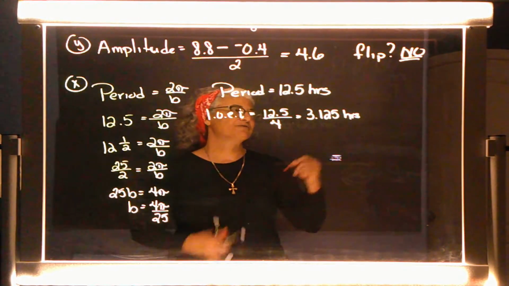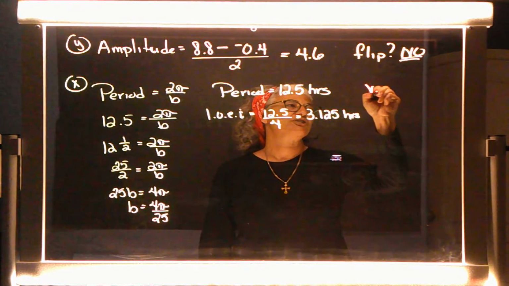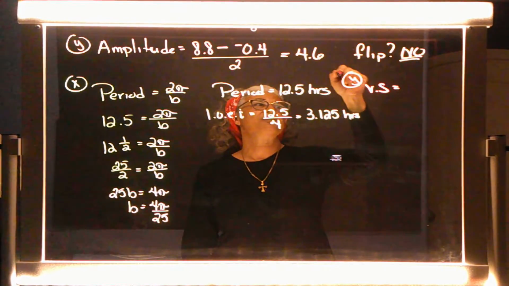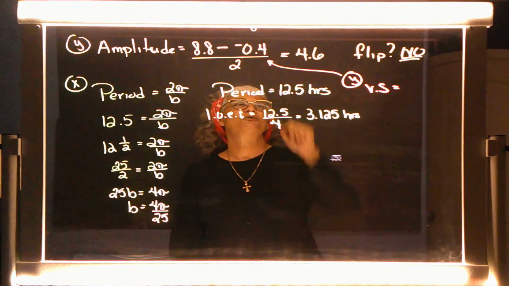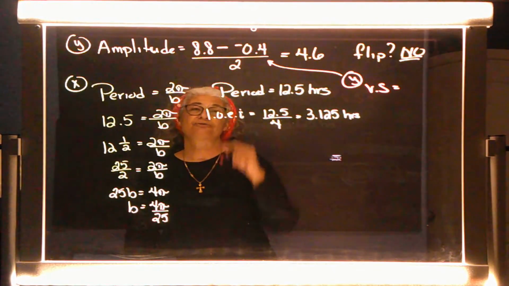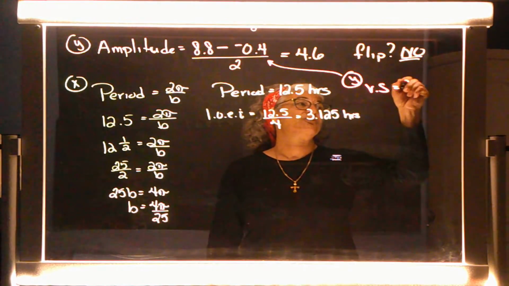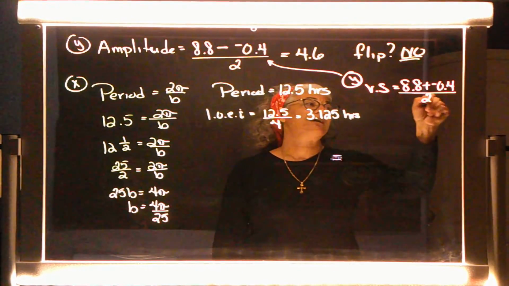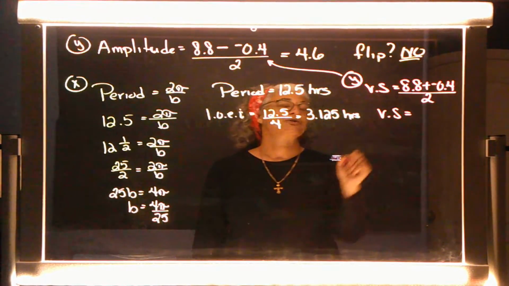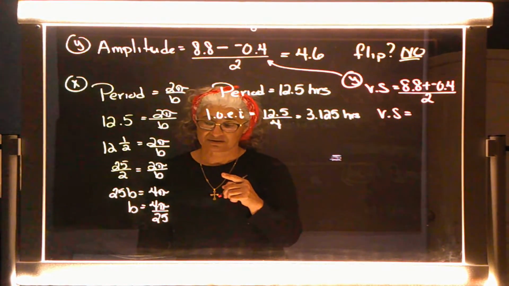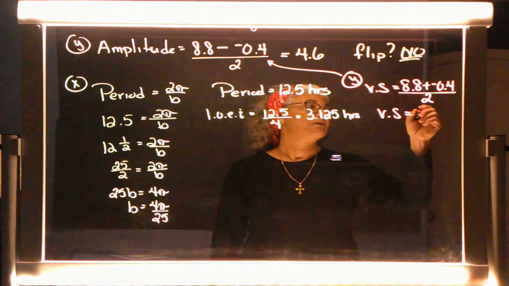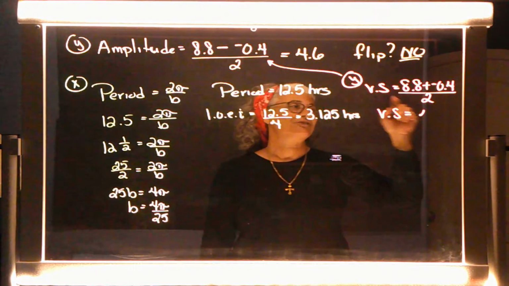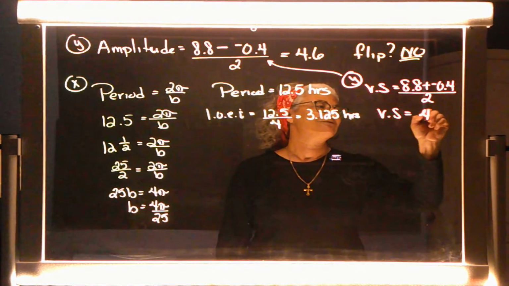Yep, the vertical shift. Remember, the vertical shift also deals with the y's. The vertical shift is extremely similar to the amplitude formula, except instead of subtracting the largest and the smallest, I'm actually adding the two of them together, which means I get a vertical shift of 4.1.